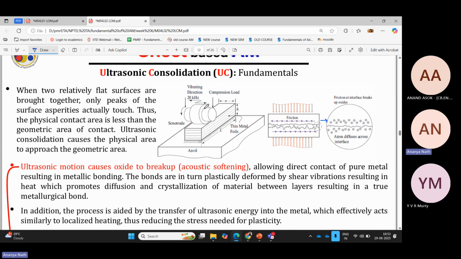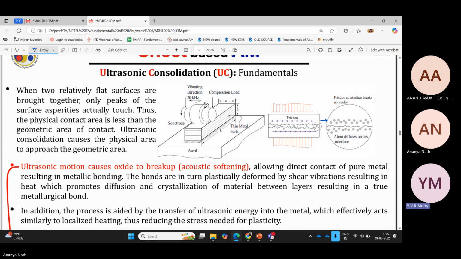It's made of some very high strength steel or tungsten, and it's vibrating in this ultrasonic range, so it can withstand that ultrasonic vibration and transfer the vibration to the metal surface. That is the sonotrode. That is the tool basically.